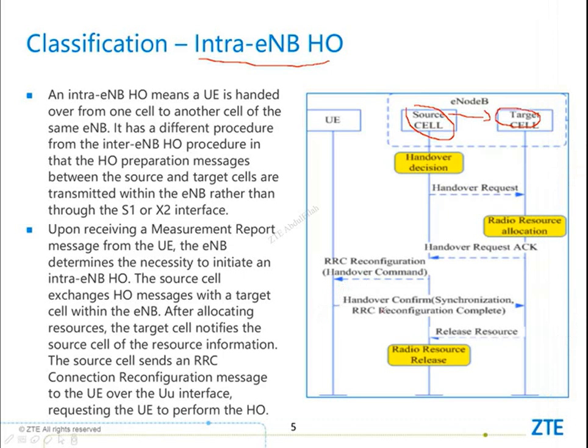After handover, the UE will connect to the target cell, and the UE will send handover confirm to the target cell. This message is the RRC reconfiguration complete message. After that, the resources of the source cell will be released, so the intra-E-node-B handover is finished.